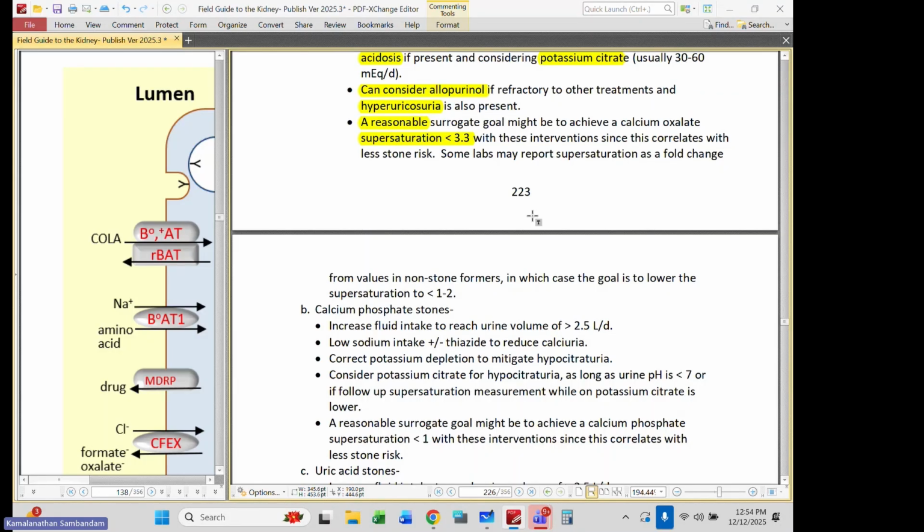But the Litholink lab, Quest lab, which has now bought Litholink, the typical normal is less than 5 to 10, okay? In our lab, it's less than 2. Relative supersaturation refers to the supersaturation of your patient compared to non-stone forming people, okay? You and I probably have a supersaturation greater than 1.